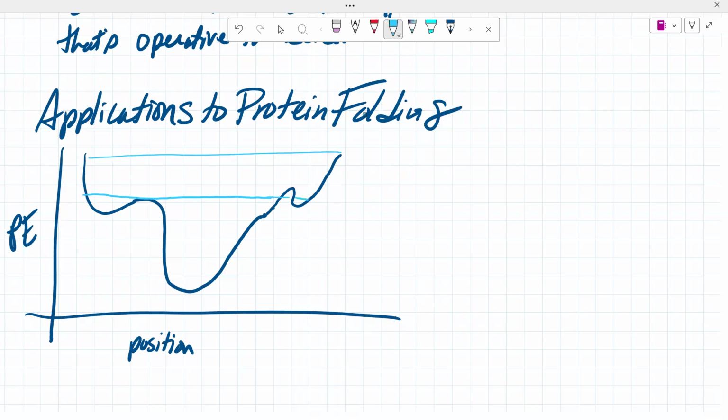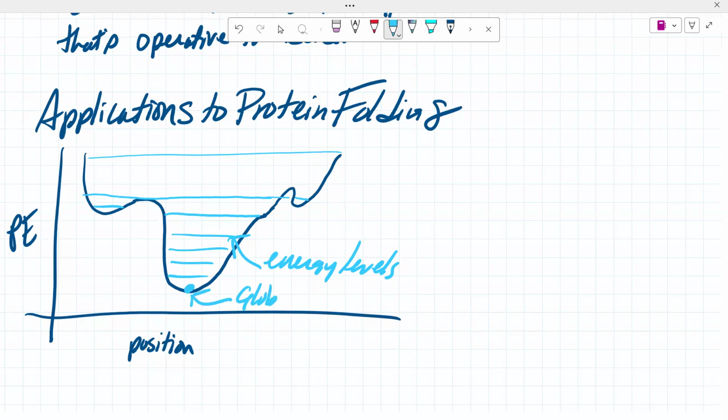These are just some different energy levels, which are not totally to scale. And this down here is the global minimum. It's very stable. And these are all the energy levels.